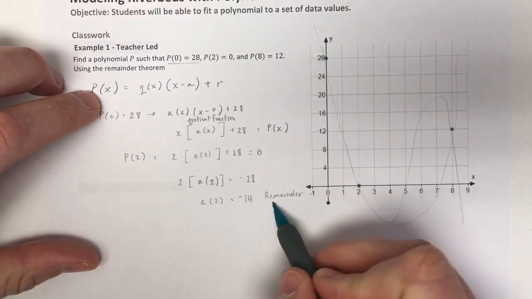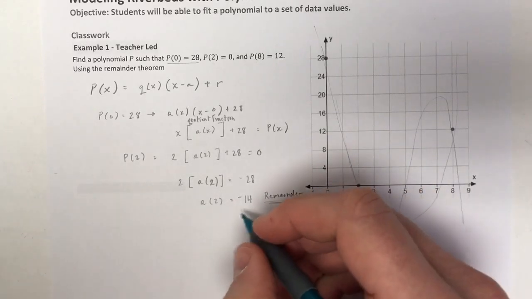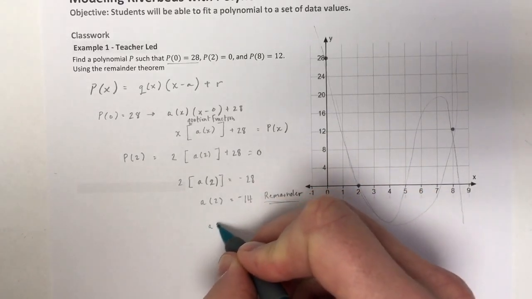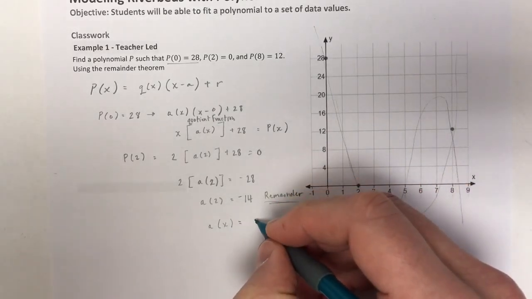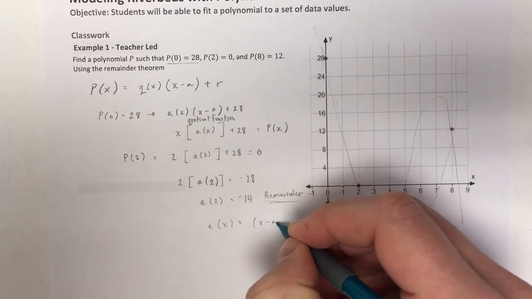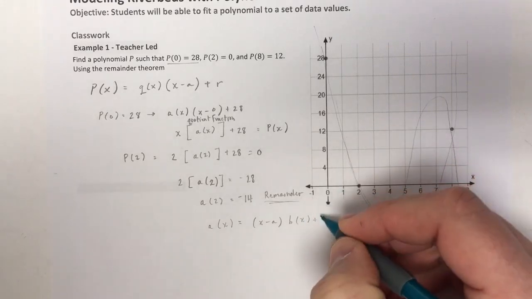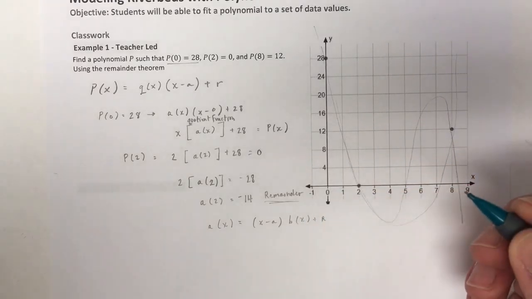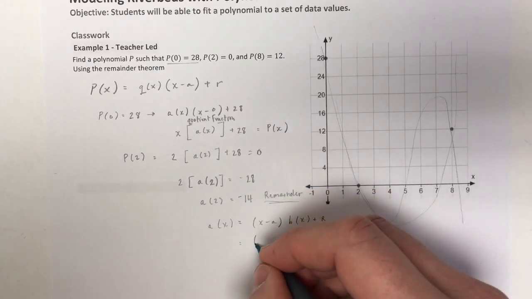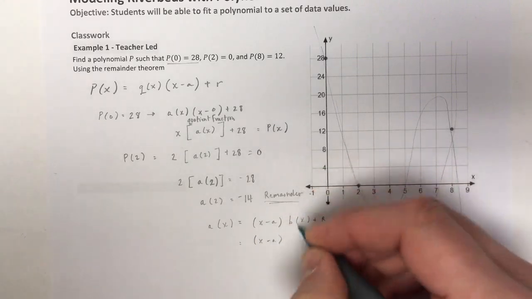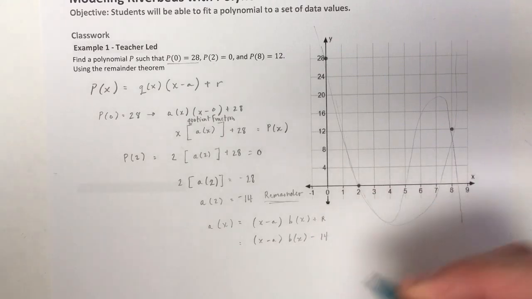But since this is a remainder, that technically means that I can rewrite that a function, so a of x can be rewritten as x minus some quantity, that's your factor, times b of x plus a remainder. So if I look at this with the result that I just got, I have a new function, x minus a times b of x minus 14.